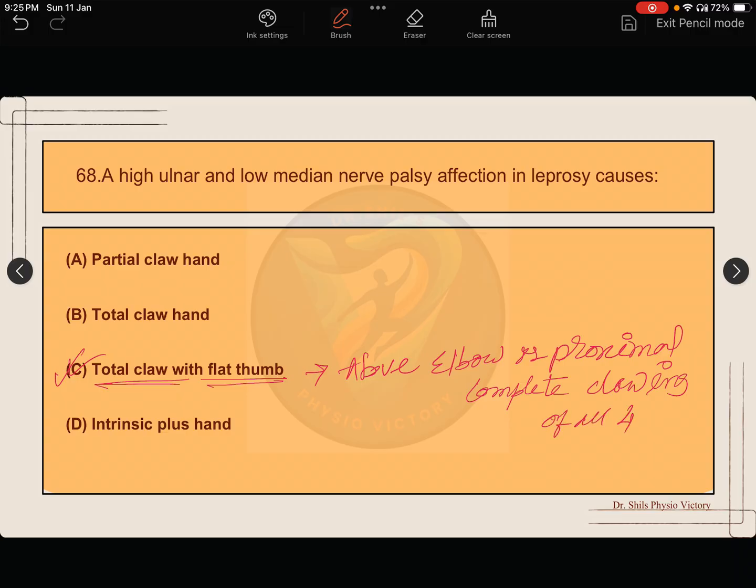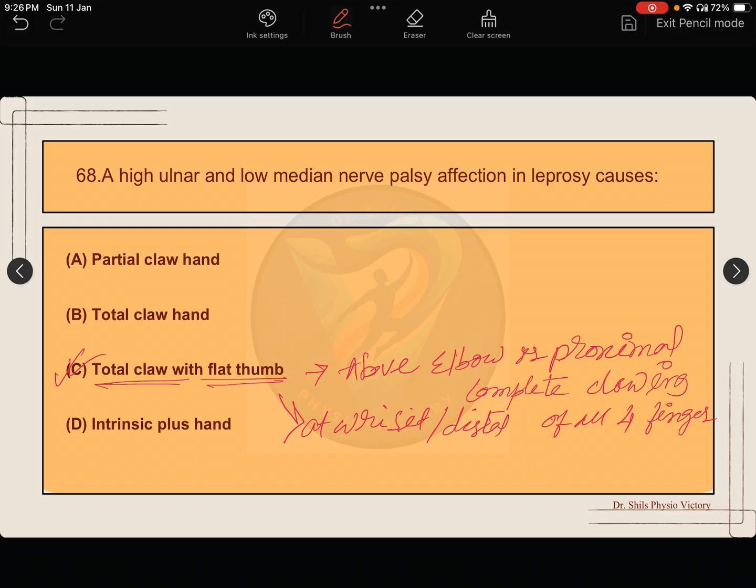All four fingers, and low median nerve palsy basically is at the wrist or distal.